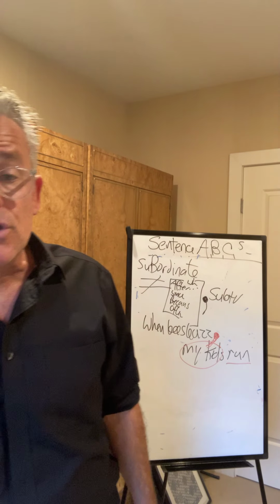My assertion to you is that to be in MLA format, to get full credit for your MLA submitted, rewritten, polished, and perfected drafts, every single sentence in your essay needs to be one of these three shapes.